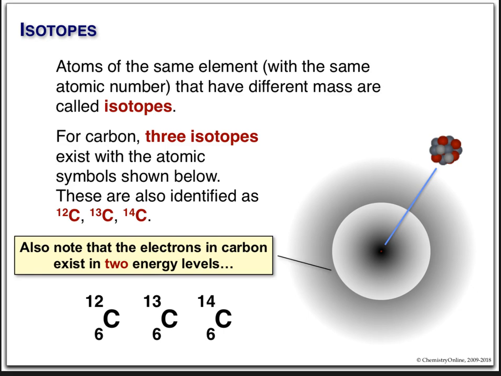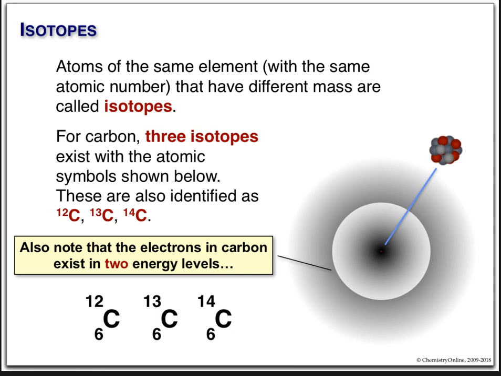We arrange the electrons around carbon in 2 energy levels, and we're going to talk about those today. The inner electrons are the core electrons. They don't do anything, and we don't really care about them. The outer electrons are the valence electrons, and yes, they are important to us.